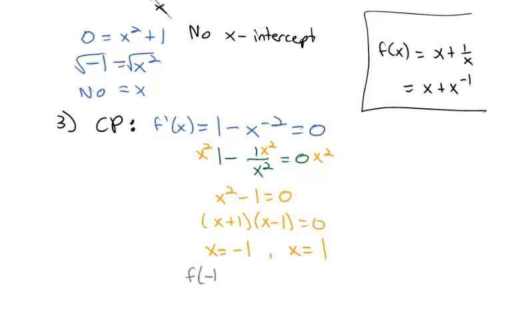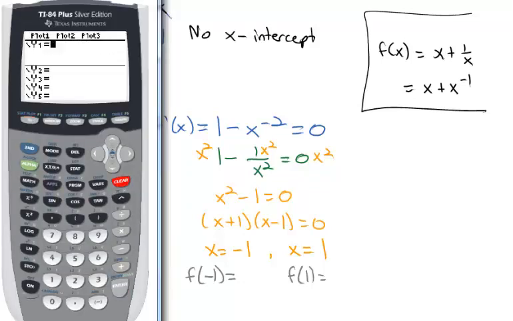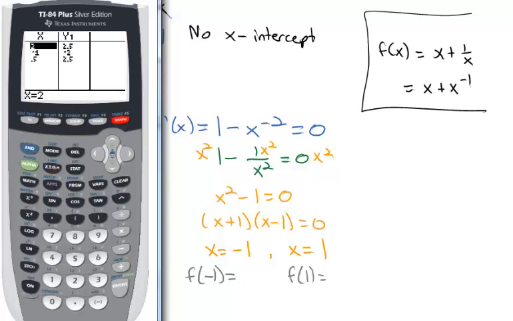To find the y values, we're going to do f of negative 1 and f of positive 1. And we'll do that on our calculator again. If we hit y equals, clear out the old function. This function is x plus 1 over x. And hit second table.